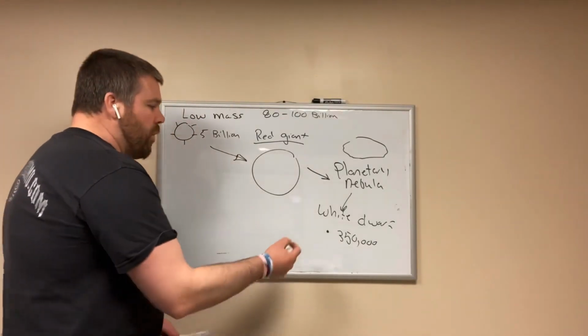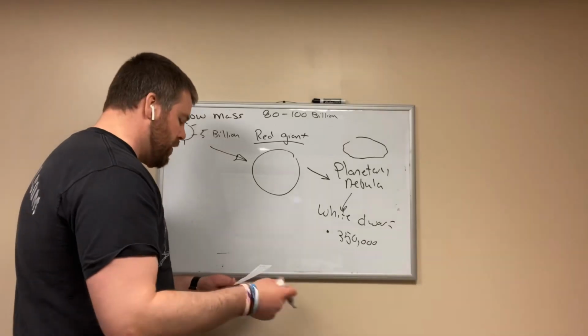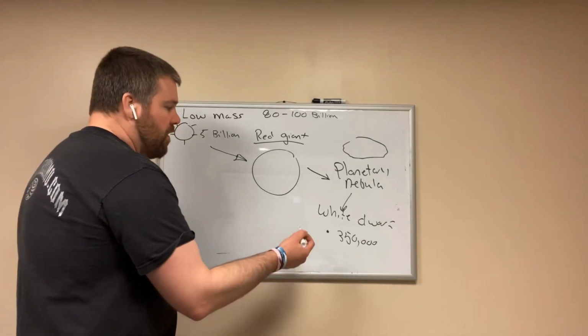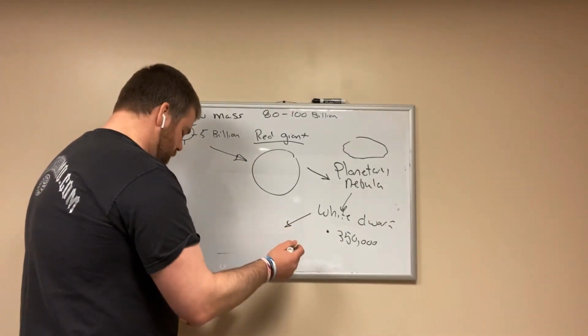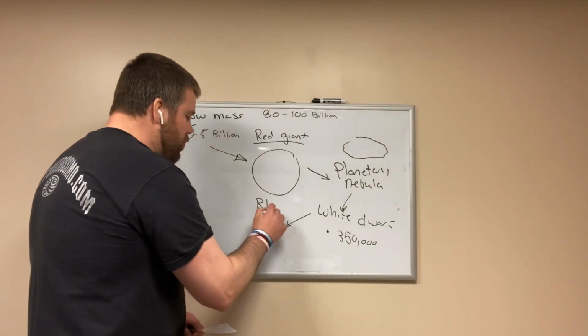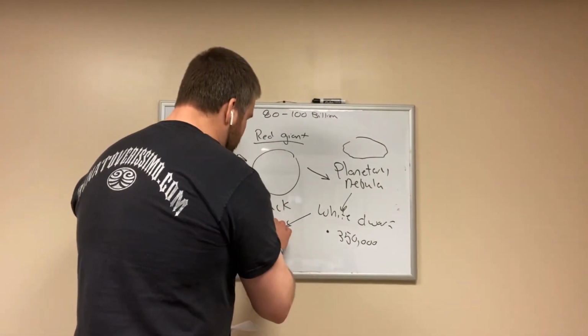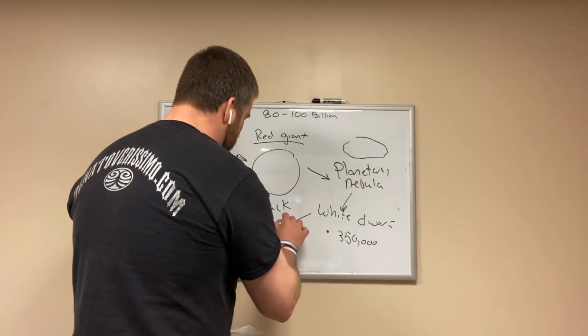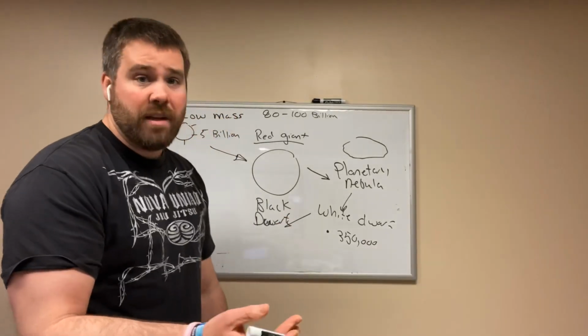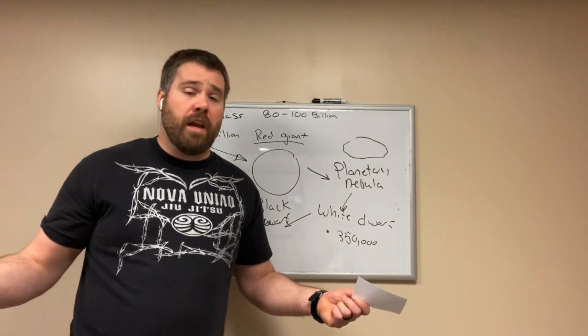It goes from a white dwarf, and let's say it burns out, and then it becomes what we call a black dwarf. We don't actually see a black dwarf because it no longer produces light.